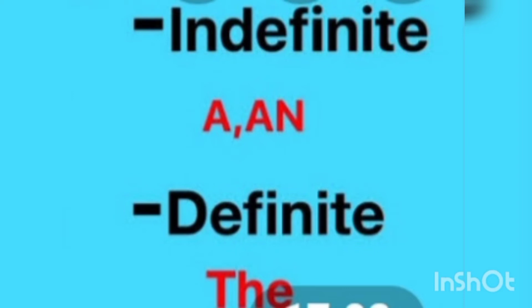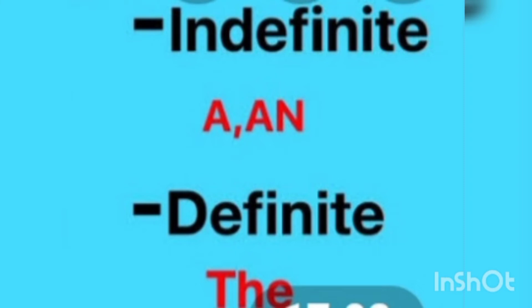The is used for a definite or specific person, place, or an object. The denotes a noun, a person, place, or an object that is well known or that is already identified. So, the is called a definite article because it is used for a definite person, place, or an object.